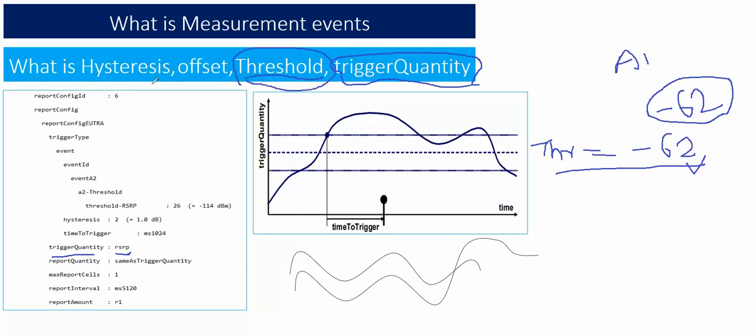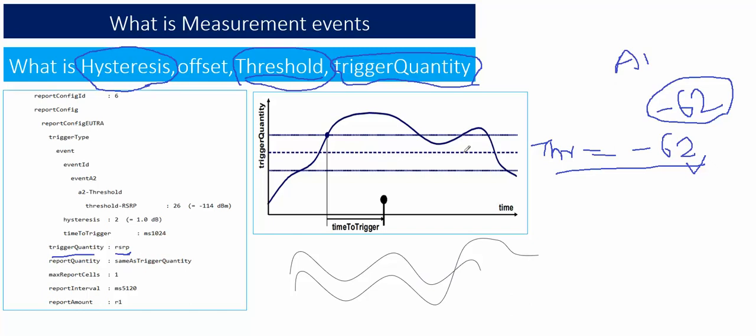And second, what is hysteresis? Suppose here the threshold is minus 62. If we do not set hysteresis, what will happen? It will be a ping pong.